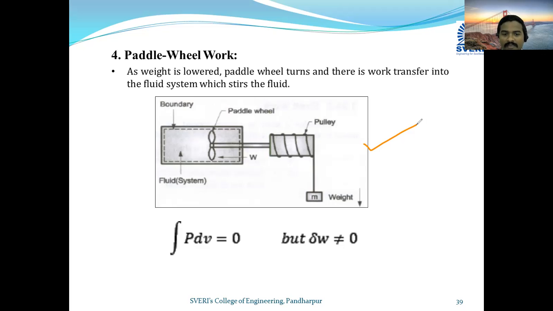PdV work will be equal to 0, because volume is constant, right? Whatever the initial volume and final volume of that particular system, it will remain the same. So V1 and V2 are same. So we can say integration PdV, or PdV work, will be equal to 0. But external work, what is external work here?